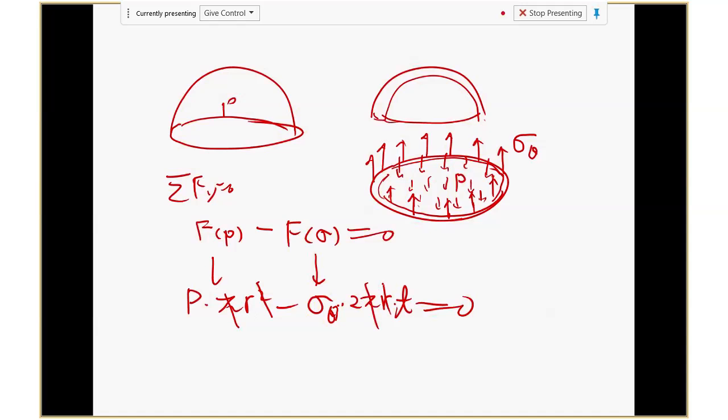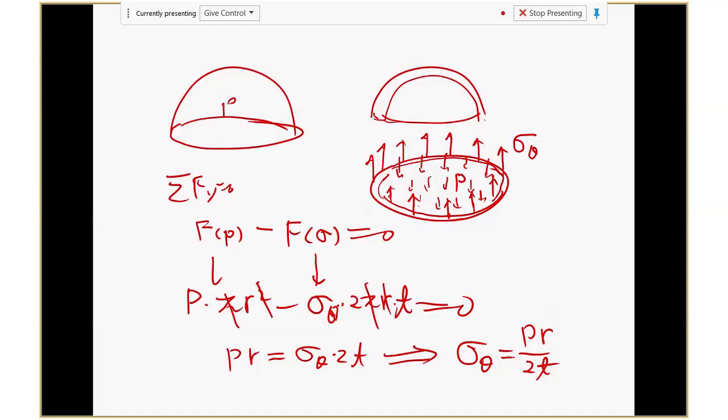What's left? You have P r equals sigma theta times 2t. So sigma theta equals P r over 2t. That's it. This way is much easier than doing all the integral.